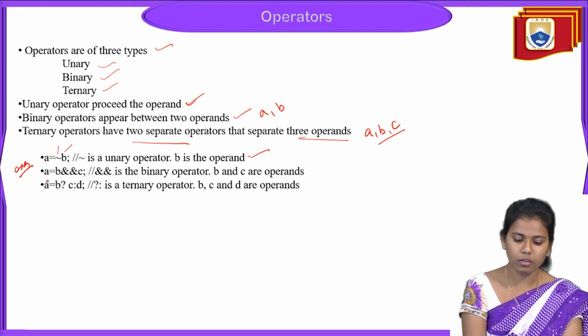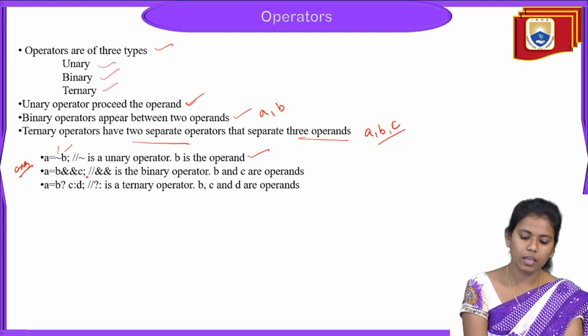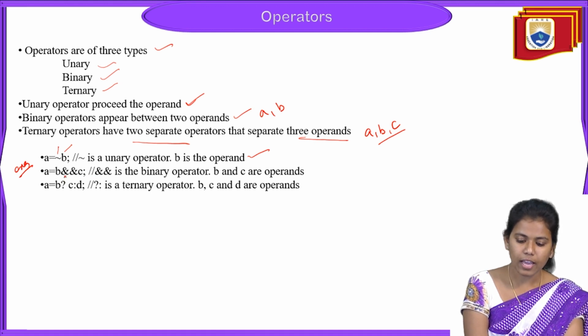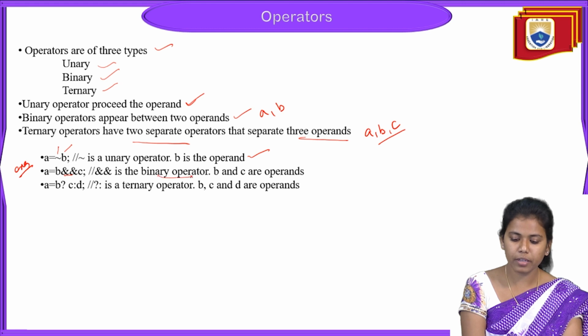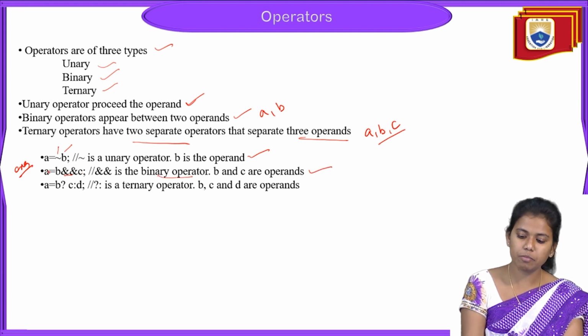Coming to the second one, A is equals to B and C. Here the and is a binary operator where B and C are the operands.